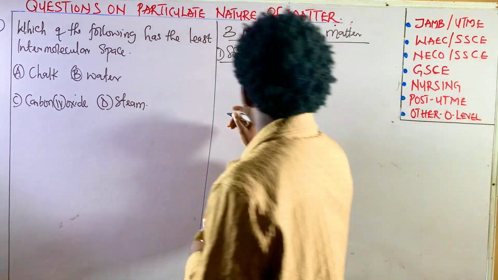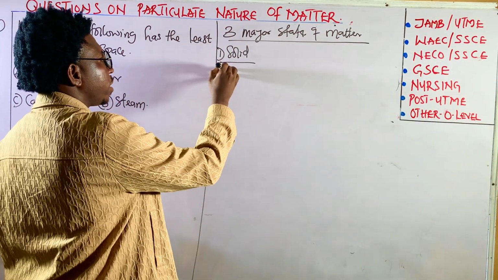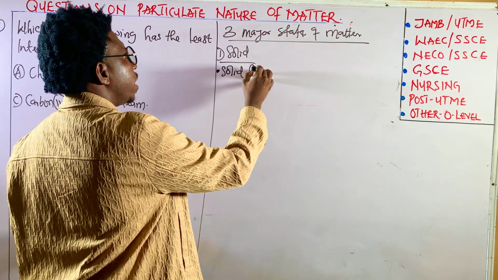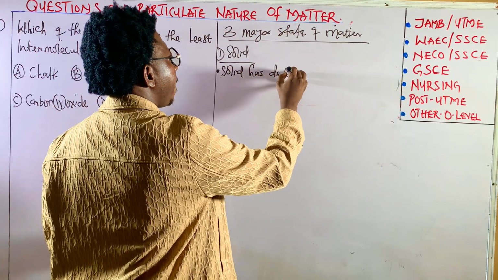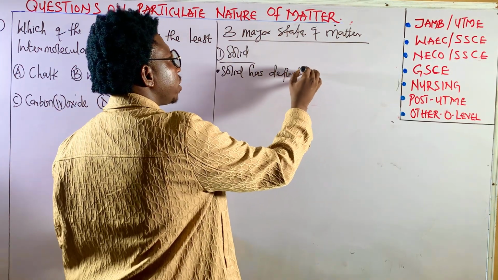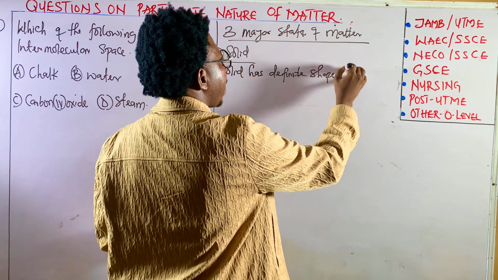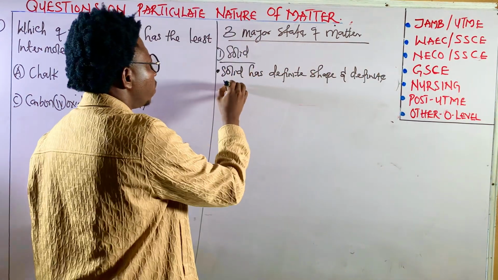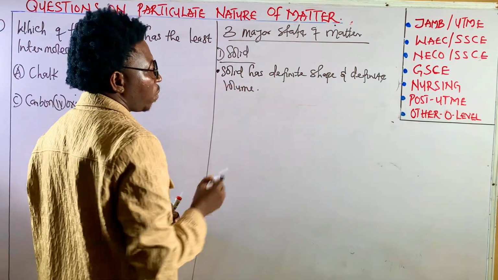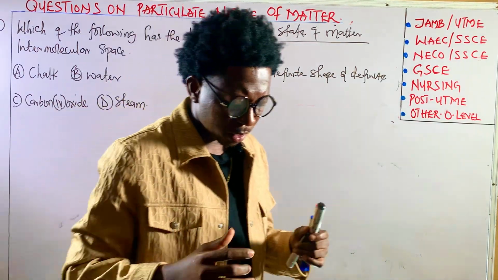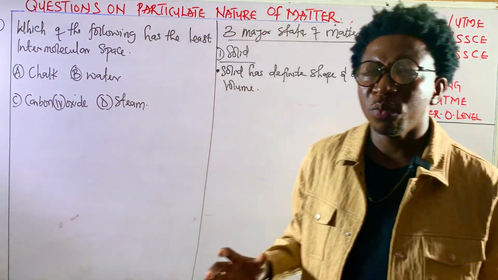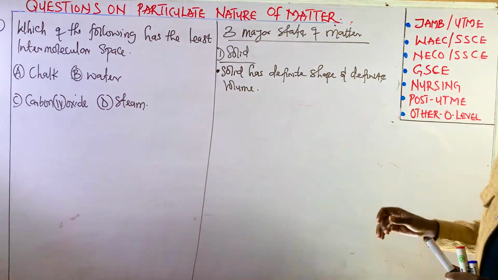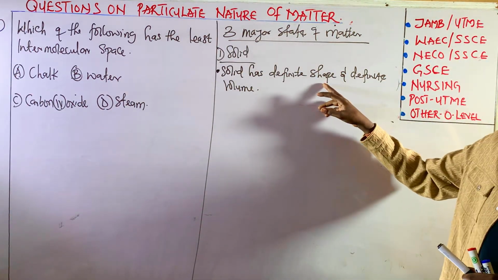So, the first one for solid, you should know that solid has definite shape and definite volume. What it means is that we can have a definite volume for solid, and we'll actually have a definite shape for solid.